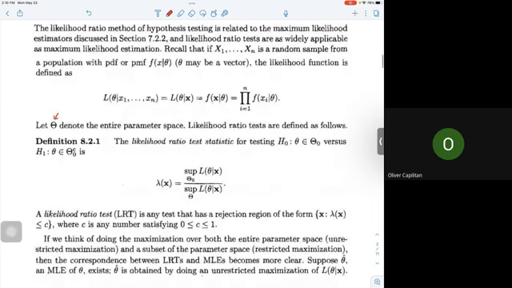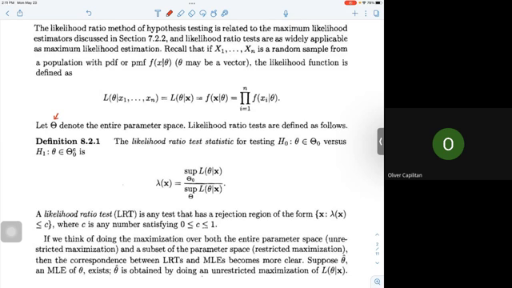Let us now define the likelihood ratio test statistic for testing the null hypothesis that our parameter theta is an element of the null parameter space, big theta sub 0, versus the alternative that theta is an element of the alternative parameter space, big theta sub 0 complement. And this statistic is denoted as lambda of our sample point x.